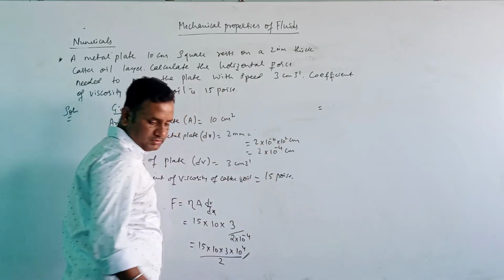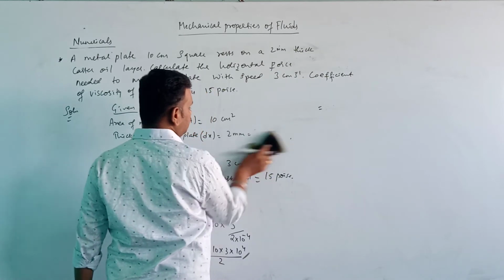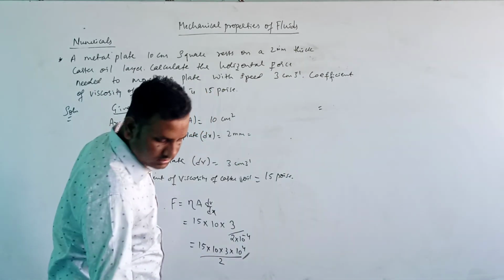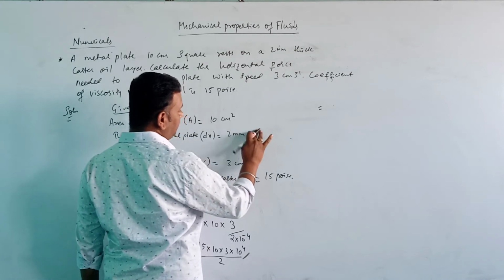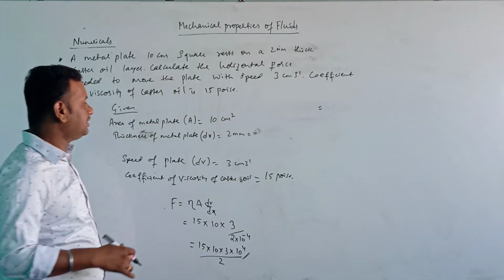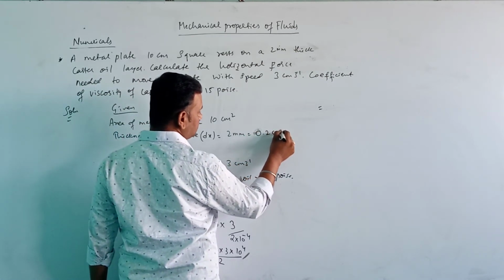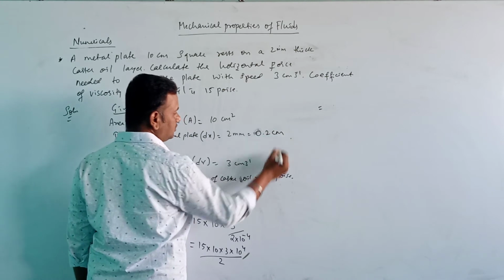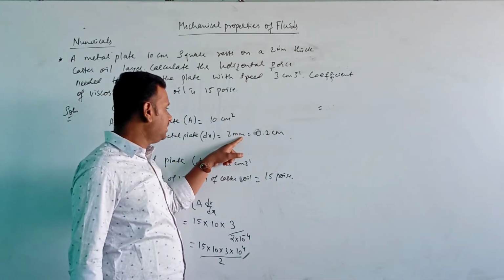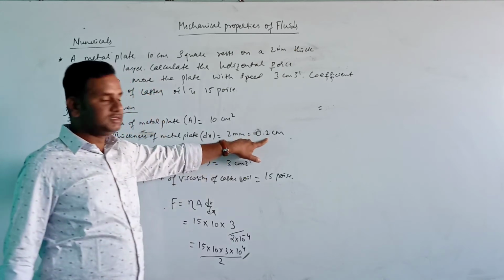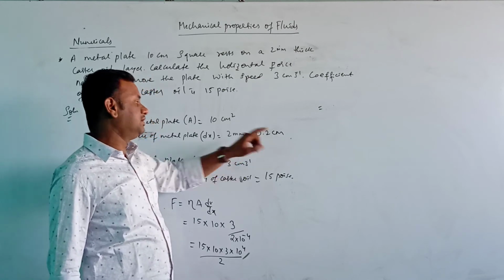If I write in terms of centimeter, we are converting into centimeter, so 2 millimeter will be taken as 0.2 centimeter here. 2 millimeter can be written as 0.2 centimeter.